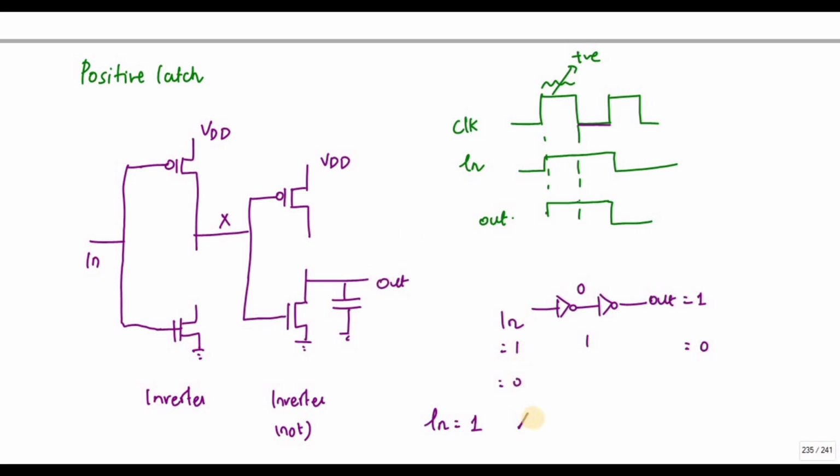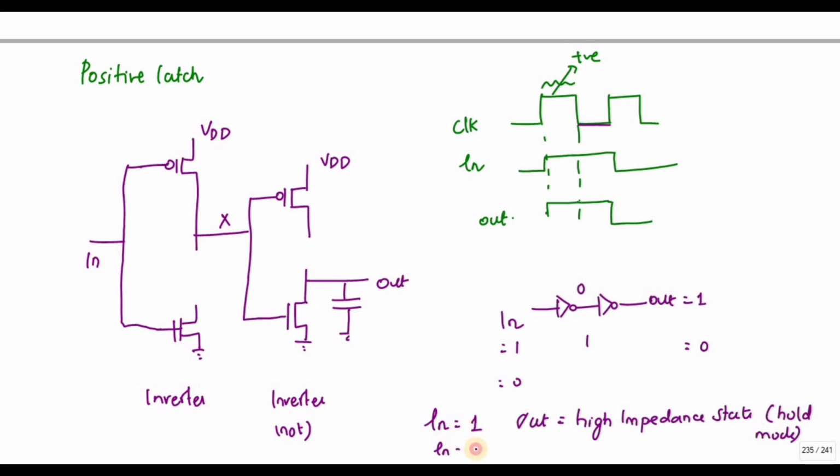The output will be floating. So the output goes to a high impedance state. That is the hold mode.